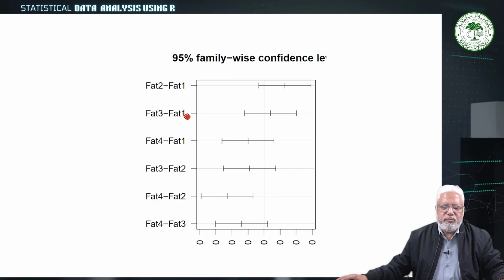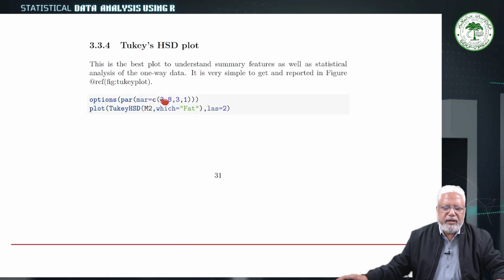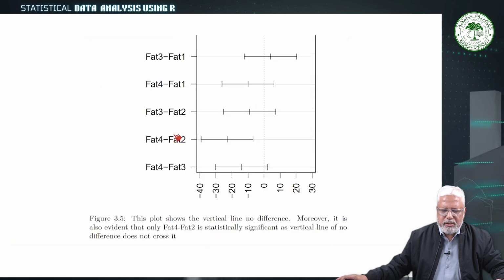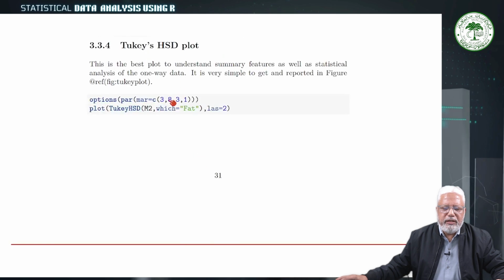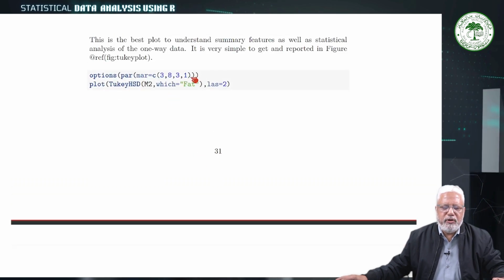Here we expect more margin, so that's why we have set 3 at the bottom, whereas 8 on the left side, 3 on the top and 1 on the right.